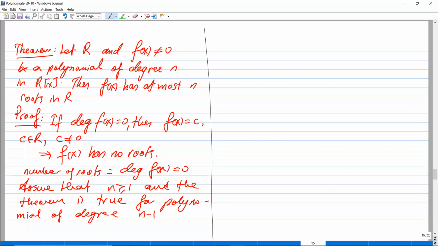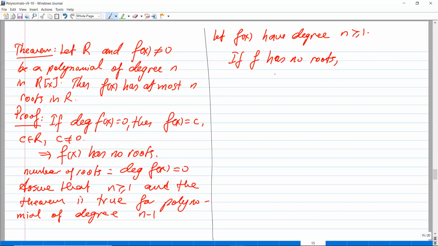Now let f of x have degree n, where n is greater than or equal to 1. If f has no roots, then we are done. The number of roots is 0, and that's less than the degree of f, which is n.